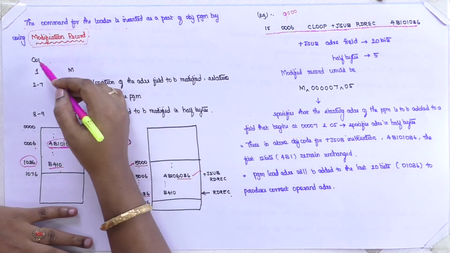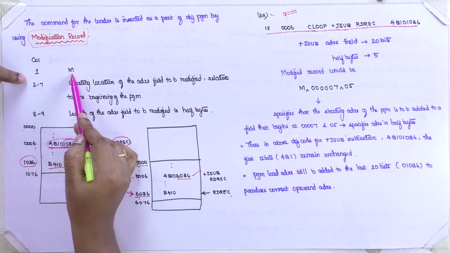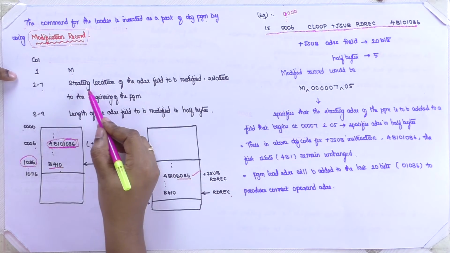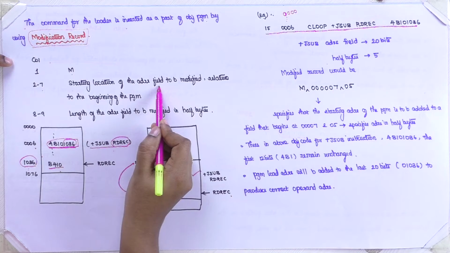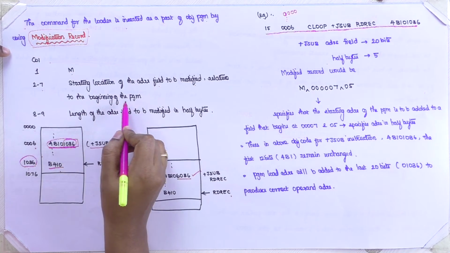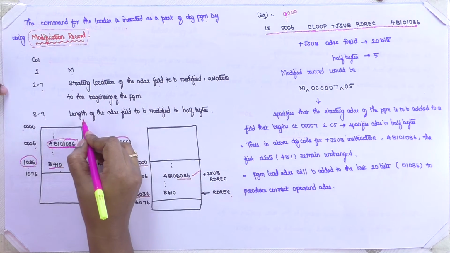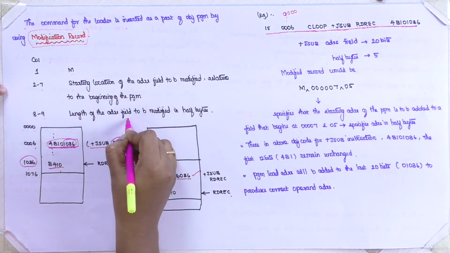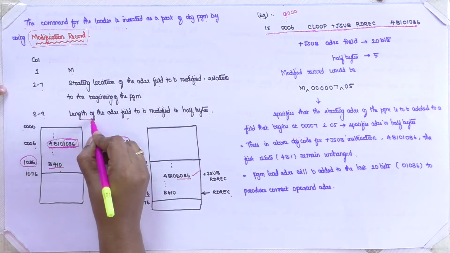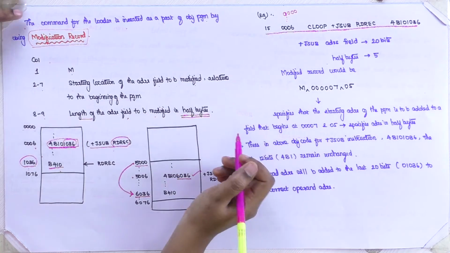Now let us see the syntax for writing the modification record. Column 1 will contain M, columns 2 to 7 will contain the starting location of the address field to be modified relative to the beginning of the program. Columns 8 to 9 will contain the length of the address field to be modified in half bytes.